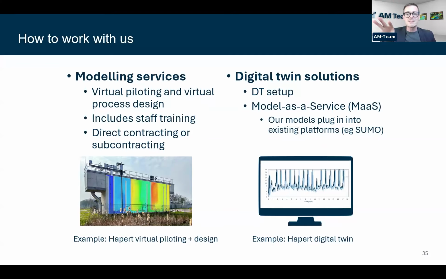And in the digital twin stage, the staff on site also has access to the scenario capability, so they can run what-if scenarios. So these are two ways. And then, how we are contracted to utilities is either directly or we are being subcontracted by the engineering team. So that's different ways of working.